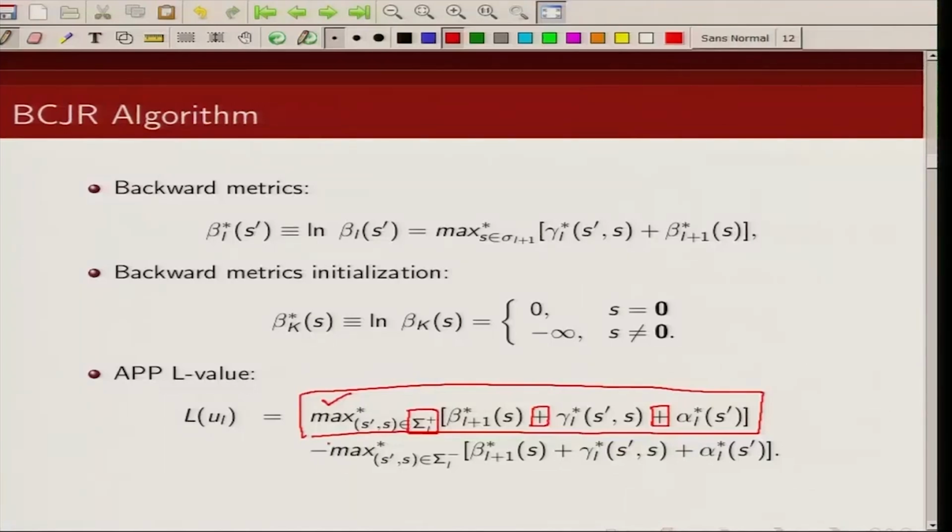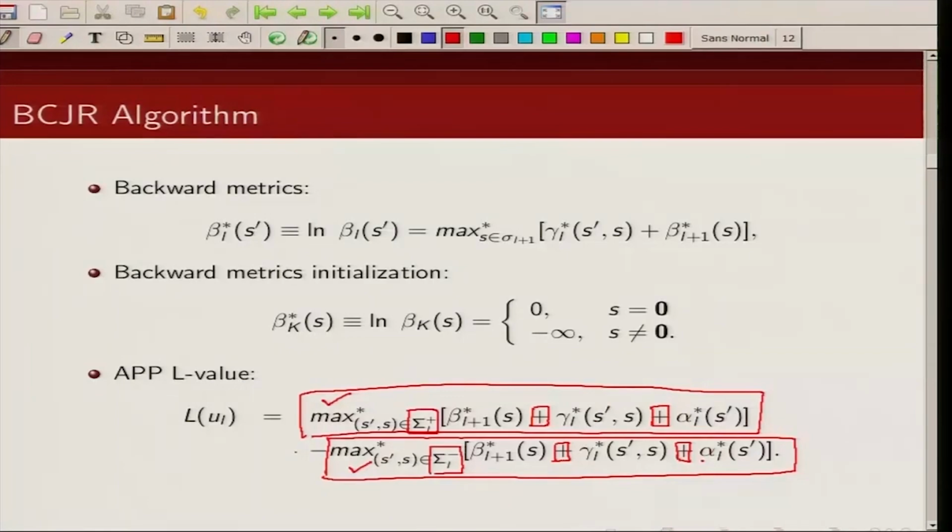And similarly, in the denominator we had this. So, we take log of them, so it becomes minus of this, and the denominator corresponds to all those transitions which belong to information bit being minus 1. And again, the addition term that we had in the probability domain description of BCJR is now the max star operator, and the product terms that we had in the BCJR algorithm are now addition terms.